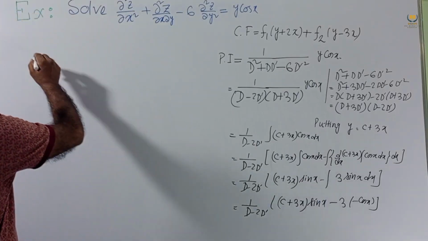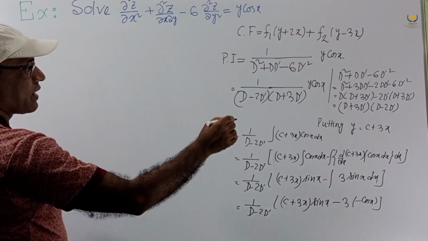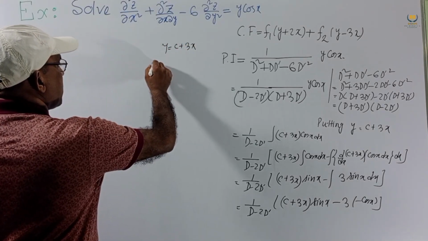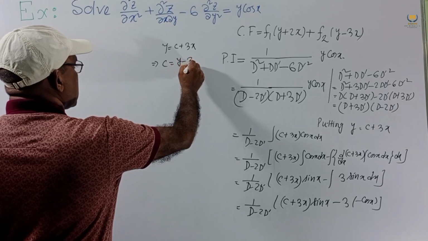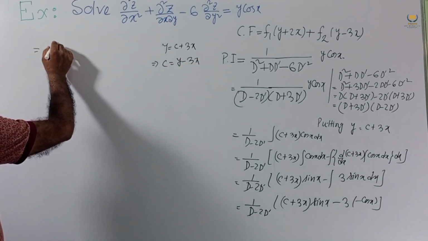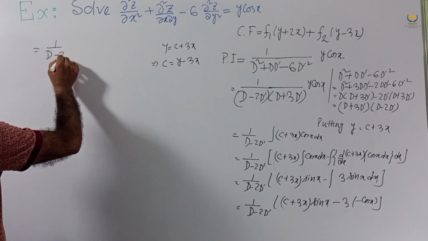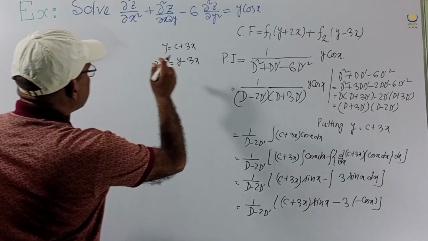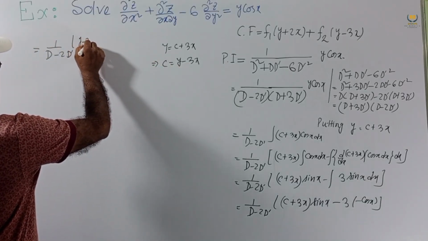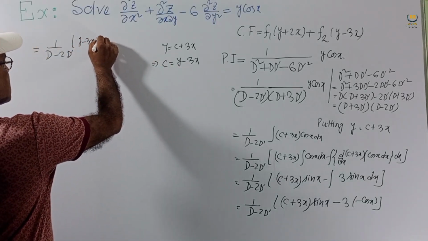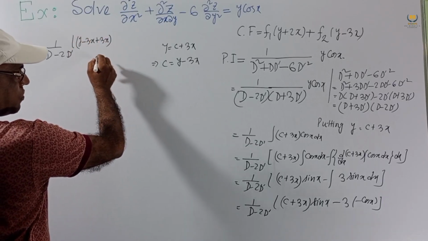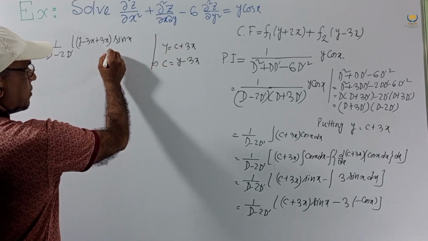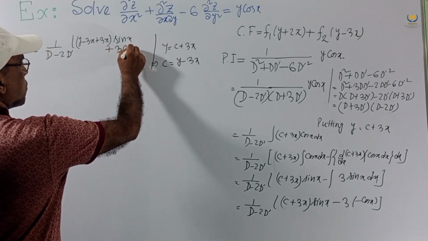Now putting the value of c. Actually y = c + 3x, so the value of c is y - 3x. So 1 by (D - 2D'), c means y - 3x, plus 3x, into sin x plus 3 cos x.